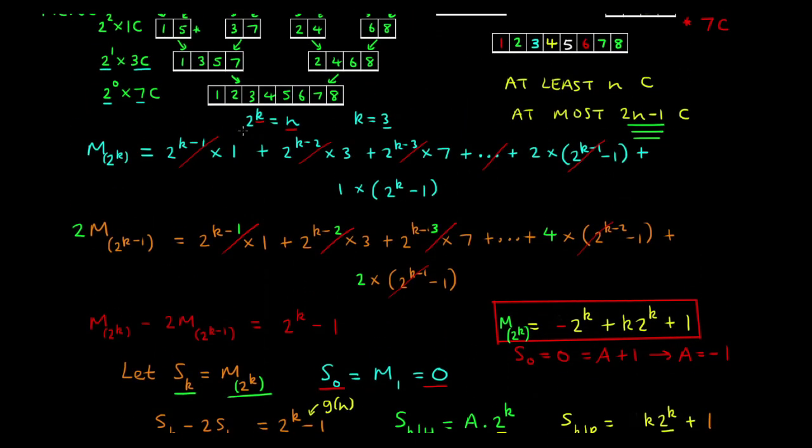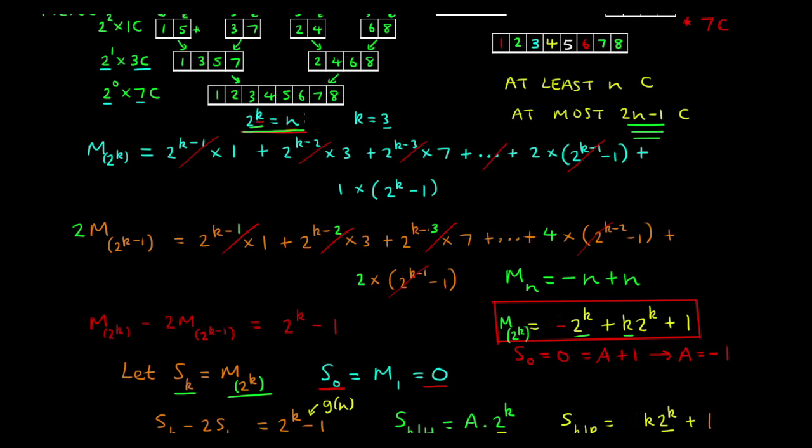And if you recall, 2 to the k is the number of elements in the array. So we can further write this down as mn is minus n, which is 2 to the k, and then plus k by 2 to the k. So 2 to the k is n, and k, which you can obtain by taking the log of both sides.